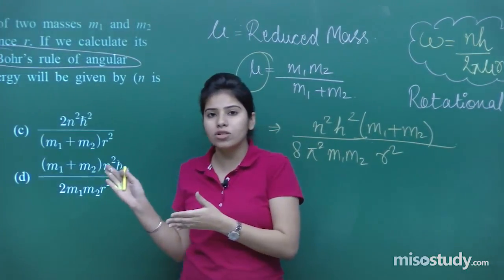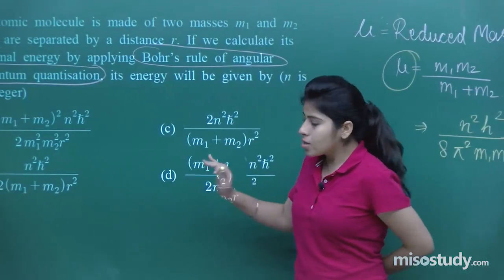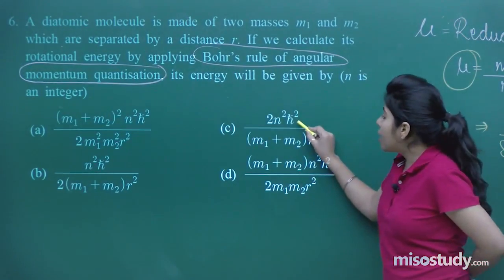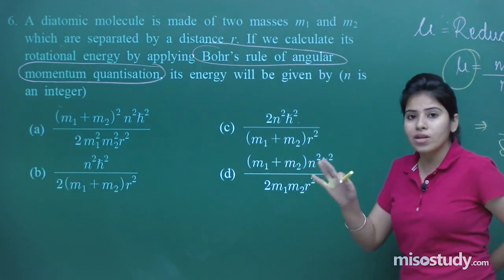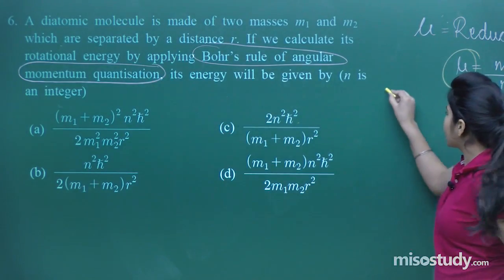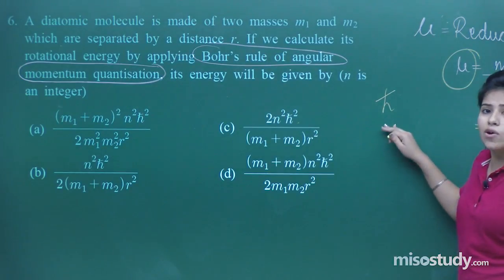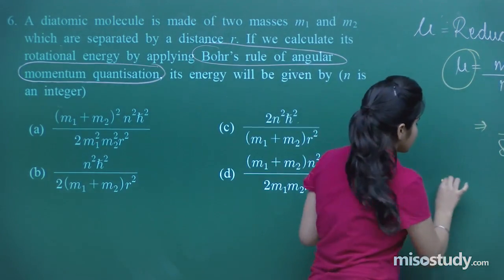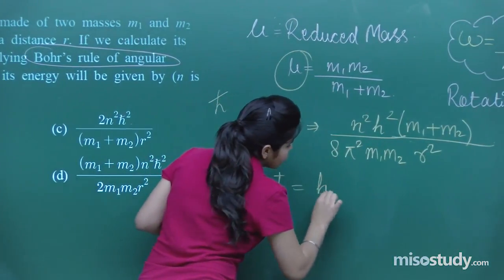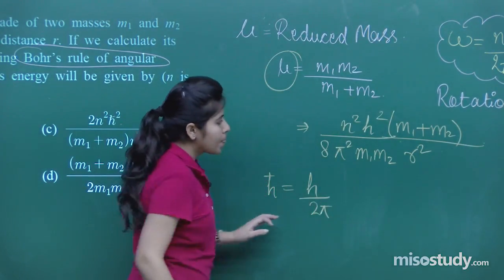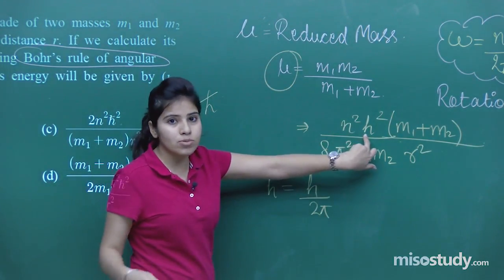Now we will be moving towards the options. In the options what I can see is that in place of h we have been given this h prime, and you know that the value of this is what? The value of this is nothing but h upon 2 pi, and we are having the value in terms of h.